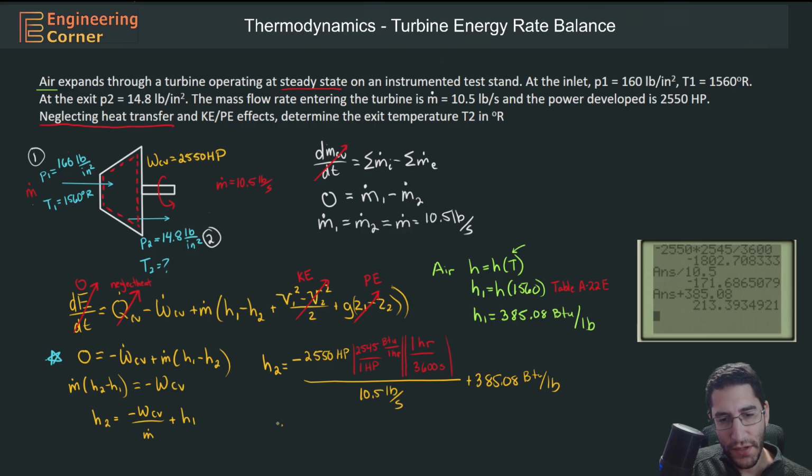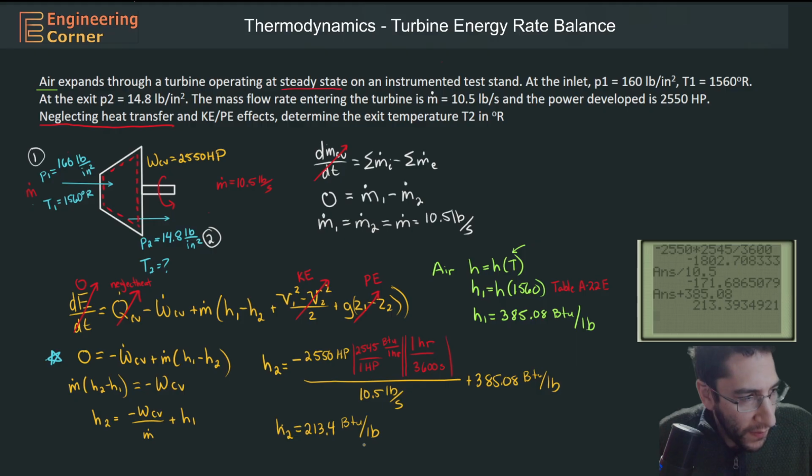So we get H2 is equal to 213.4, and that is BTU per pound. Okay, we need to remember this.